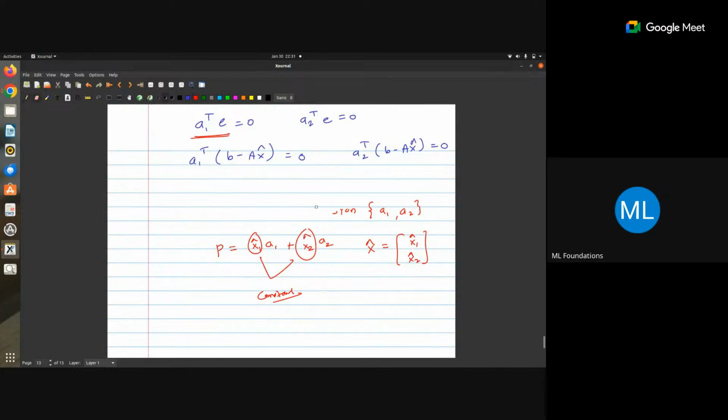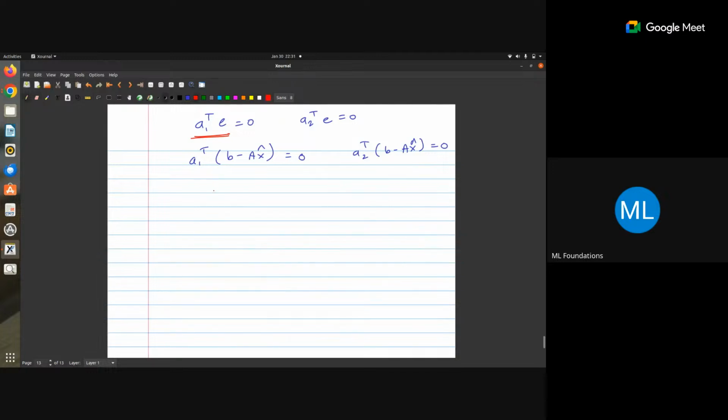And what is the value of E? E is basically B minus Ax hat. Correct. So I'll get these two equations. But can I combine these two equations to represent all of these things in a vector or matrix format?